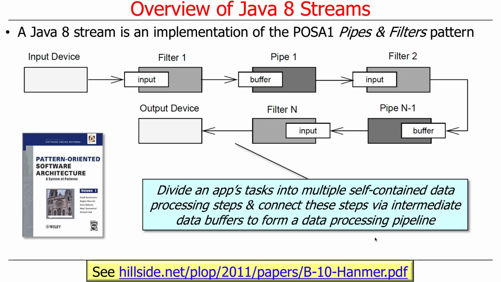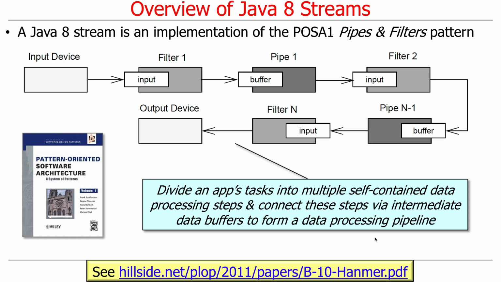So a Java 8 stream is basically an implementation of a famous pattern called the pipes and filters pattern. You can read the original description in the POSA 1 book, shown here, and a revised discussion in the paper at the URL at the bottom.